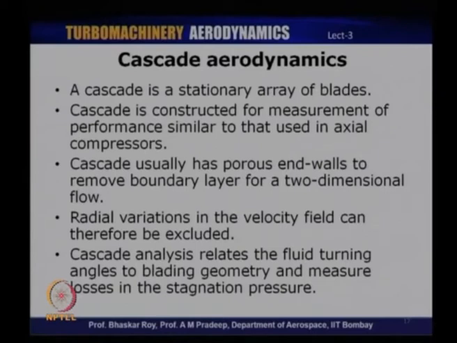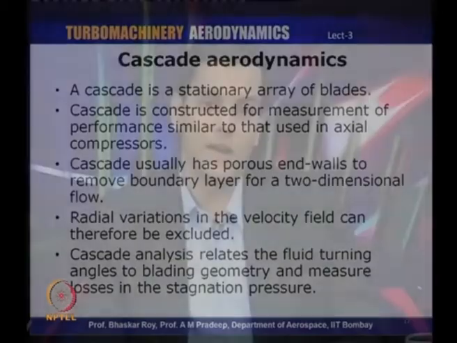A cascade is basically a stationary array of blades, and the basic function of a cascade is to measure certain performance parameters which can be used in axial compressor design. Subsequent to a preliminary design of an axial compressor blade, one may like to test these blades for their performance. A cascade is the simplest form of experiment or performance test that can be done on a certain type of compressor blades.